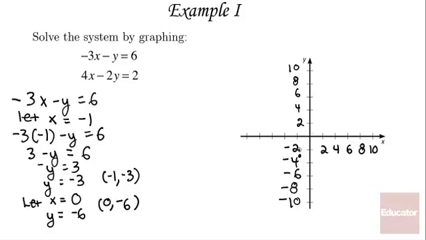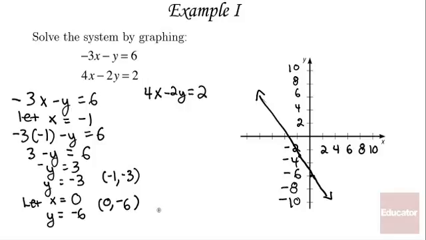My second point is that x is 0 and y is right here at -6. So then I need to draw a line based on these 2 points, and I have my first line. For my second line, I have the equation 4x minus 2y equals 2.